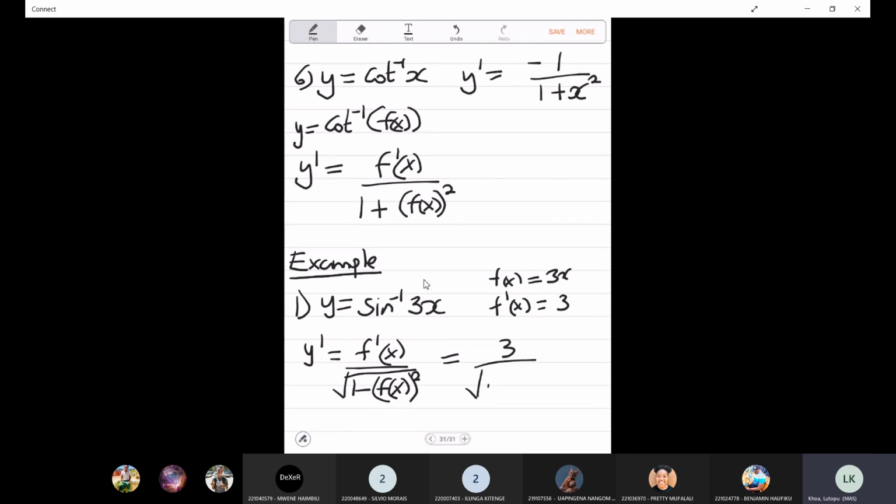Then the square root of 1 minus f of x squared, that is 3x squared. And then you write it out in its simplest form. So you have 3 over the square root of 1 minus 9x squared. That is the derivative of sine inverse of 3x.